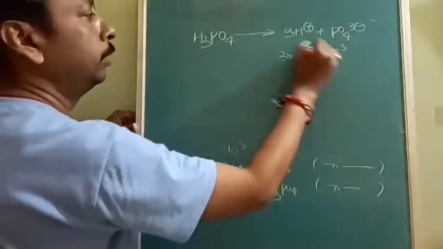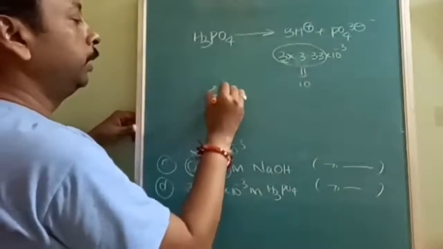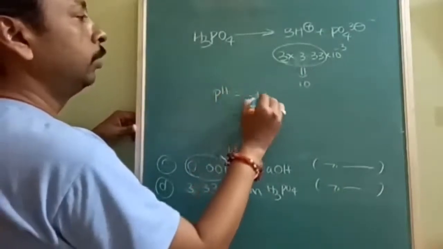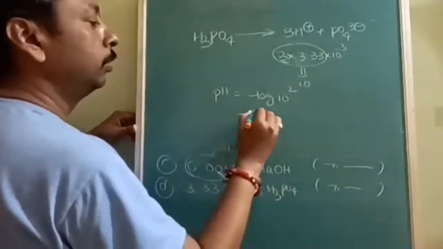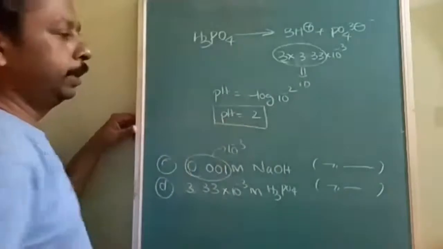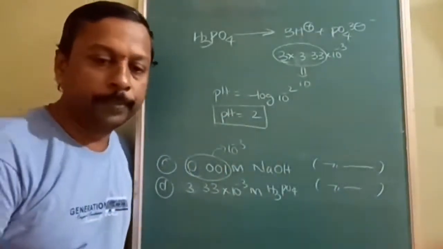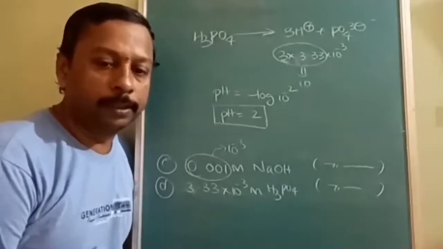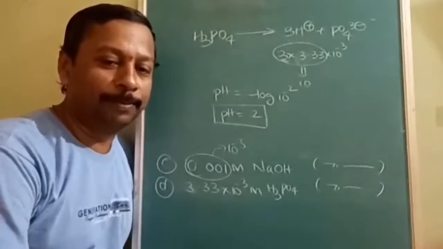On multiplying this, you will get roughly 10 to the power of minus 2. So pH is equal to negative log of 10 to the power of minus 2. So this is going to be 2. pH is equal to 2. Is this clear? Okay, the fourth part answer is D. Sorry, D answer is 2. pH is equal to 2.